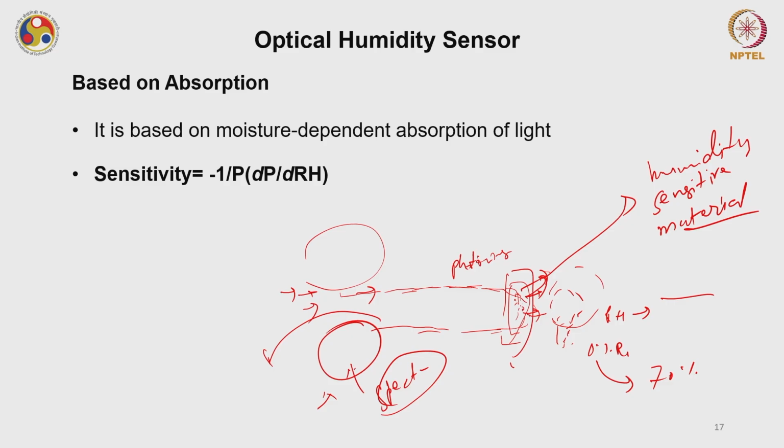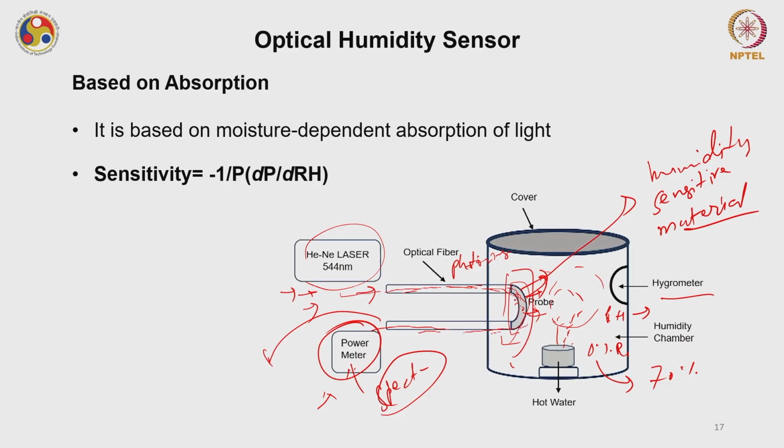Similarly, you can design other optical sensors based on reflection, absorption, change in refractive index, scattering, and a number of interferometry techniques. You can design a number of optical sensors. The principle remains more or less similar.